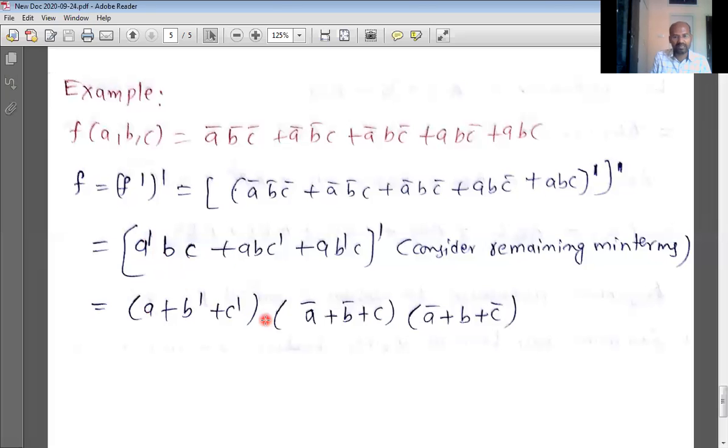So we get a plus b plus c bar. Similarly, a bar plus b bar plus c, and this plus becomes dot. Then a bar plus b, because b bar is there, when complemented gives b plus c bar. This is the step that results after using De Morgan's law on the step we already discussed. This is how we transform canonical product of sums into sum of products, and canonical sum of products into product of sums.